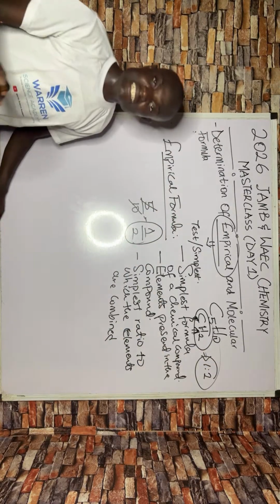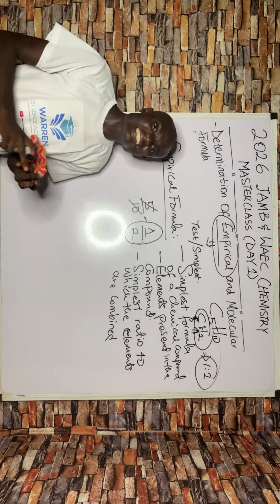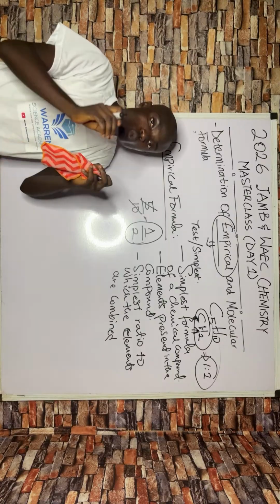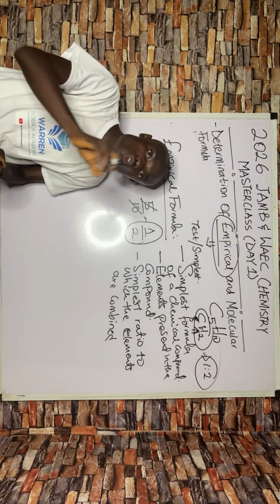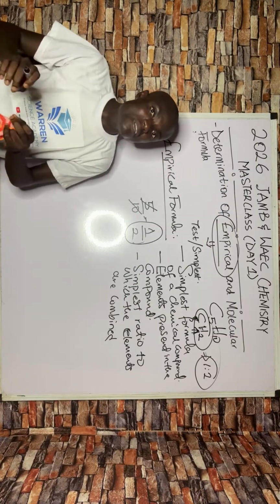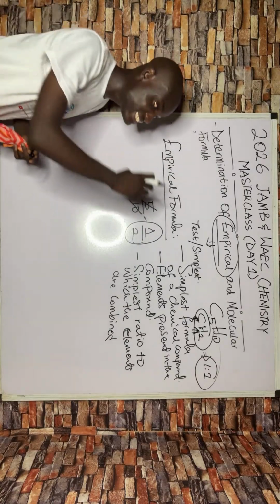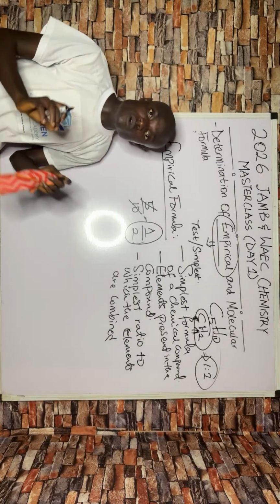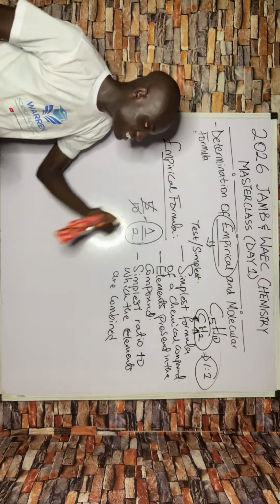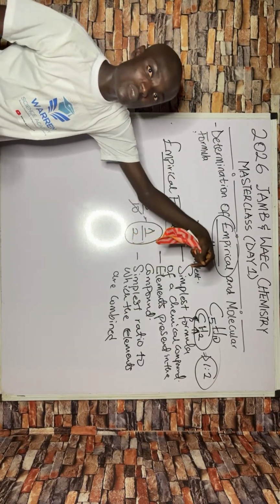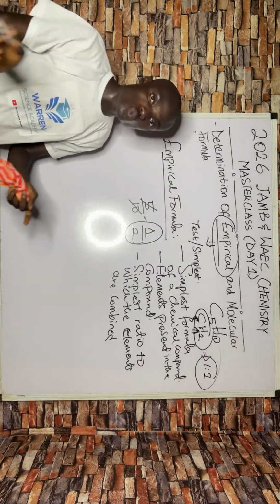So we can define empirical formula as the simplest formula of a chemical compound, which tells us the elements that are present in the compound and the simplest whole number ratio to which those elements are combined. Again, it is the simplest formula; secondly, it tells us the elements we have in that compound; and lastly, it tells us the simplest ratio to which they are combined.